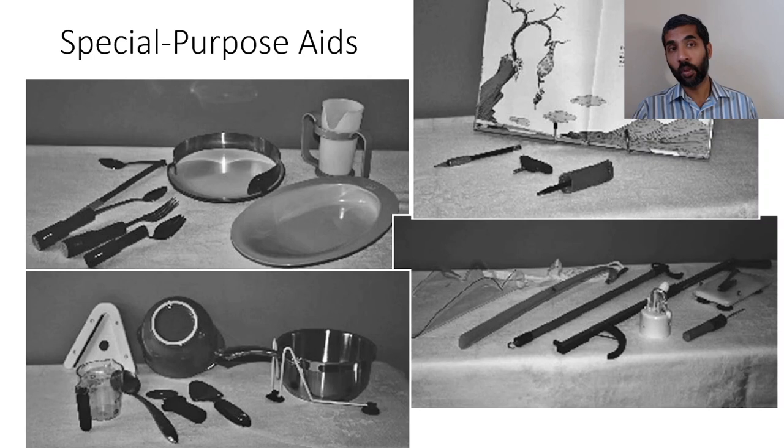And once we talk about these aids, then you can think about the context where they are used. So let's say if I start using one of these equipment, a pencil with a big grip, would it be acceptable socially to use it? Maybe yes, in today's world, right? But in certain societies, people would say, "Oh, you're using that.